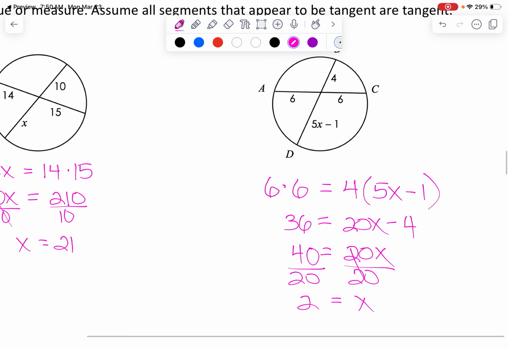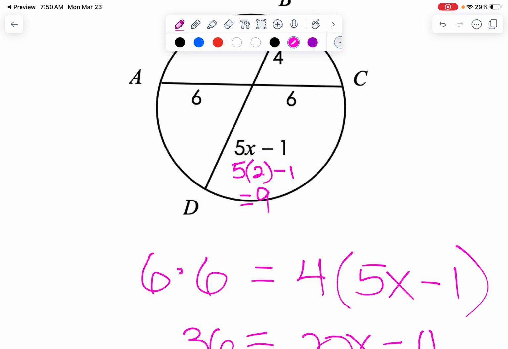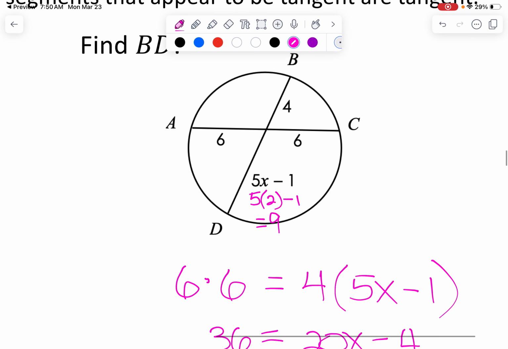Now we do need to find BD. I know x is 2 now, so 5 times 2 minus 1 is 10 minus 1, which is 9. So this segment is 9.